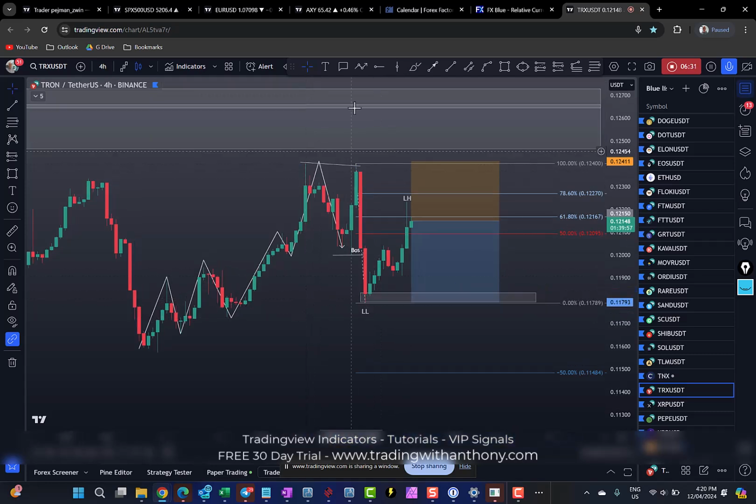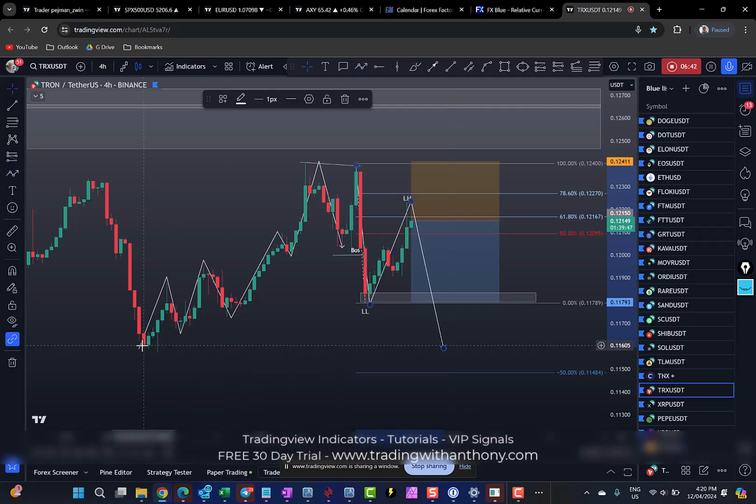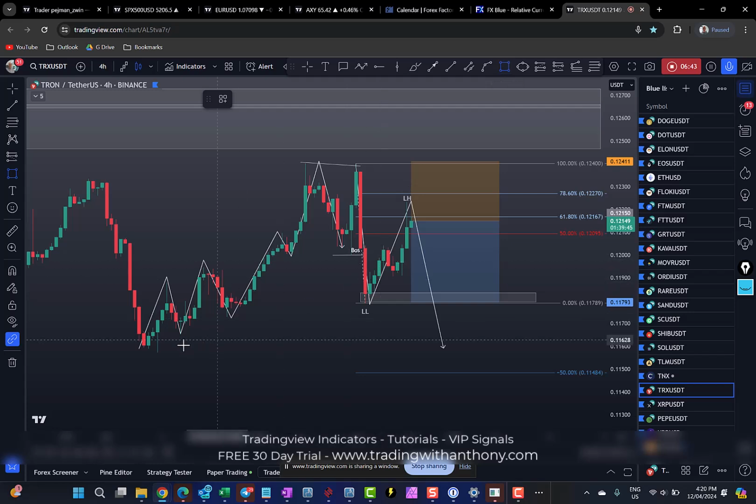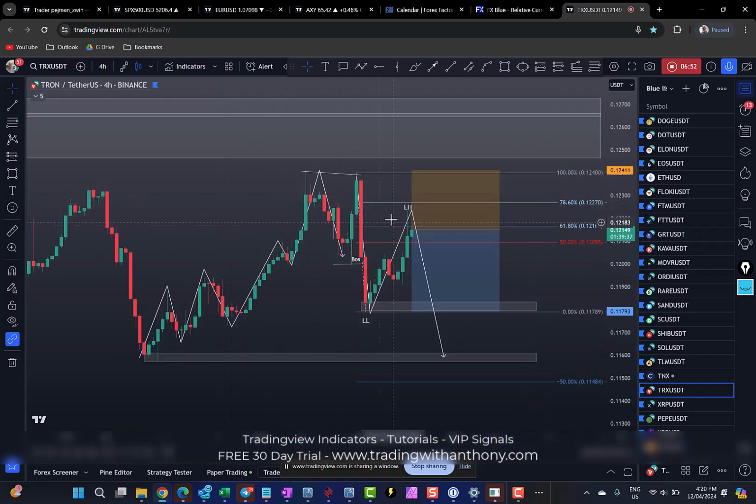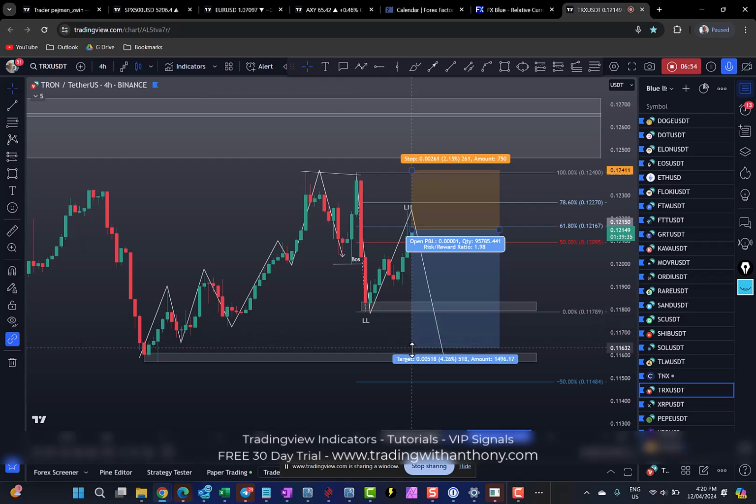So if we draw the trend, high to low, lower high, measured move lower low, the next draw on liquidity, if it continues, is going to be the sell stops resting under here. Right there. Okay, so that is a setup.